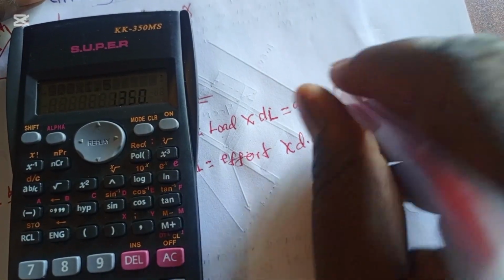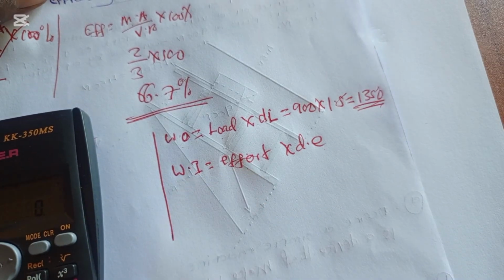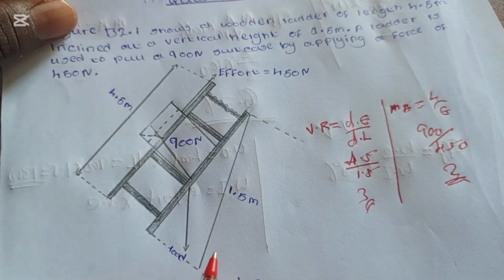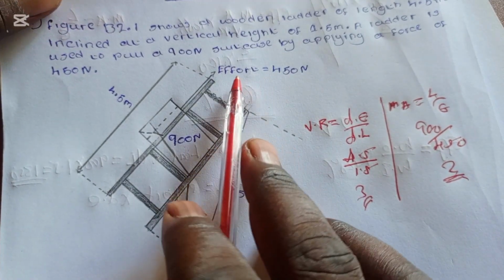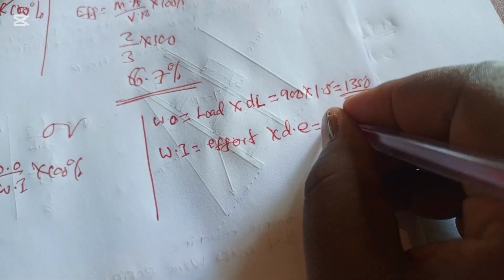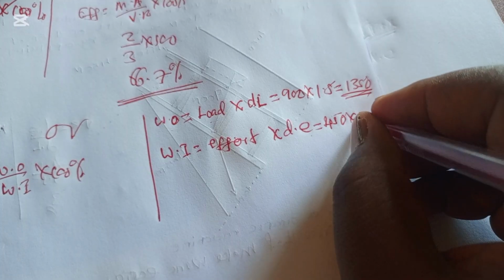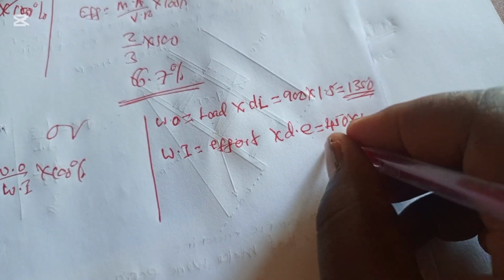Okay, and the work done by input effort here. Our effort is 450 times the distance moved by effort, which is 4.5.